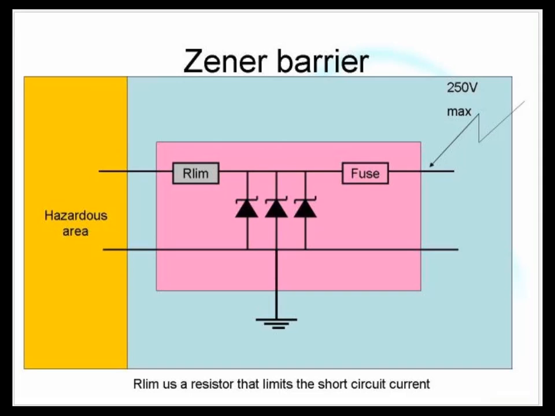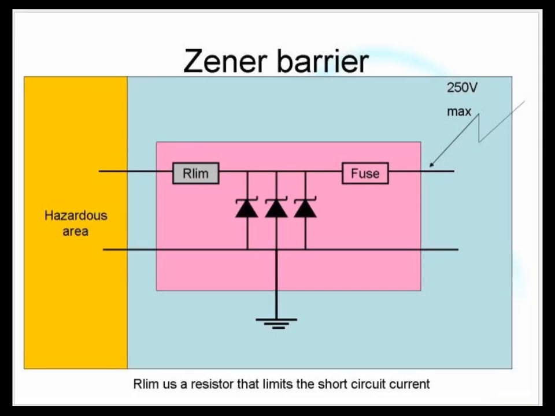So if a high voltage is put on a Zener barrier, that voltage gets passed through the Zener barrier straight to earth. As soon as you put high voltage on a Zener barrier, it shorts out and goes to earth. And when you take that high voltage away, the Zener barrier then opens up again and goes closed circuit.